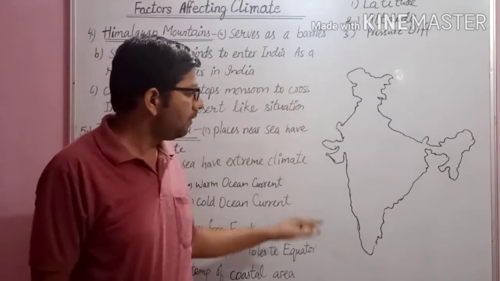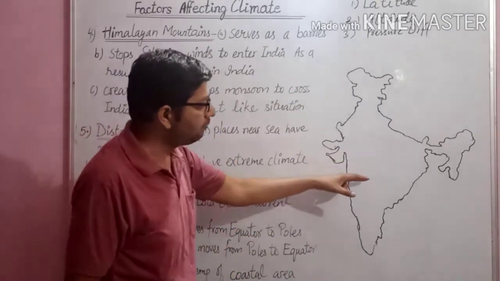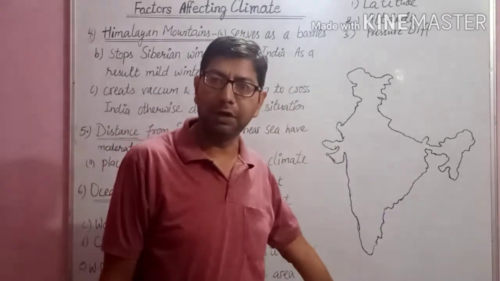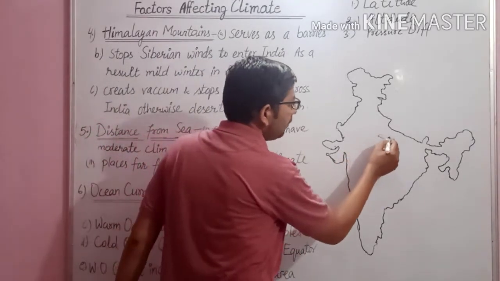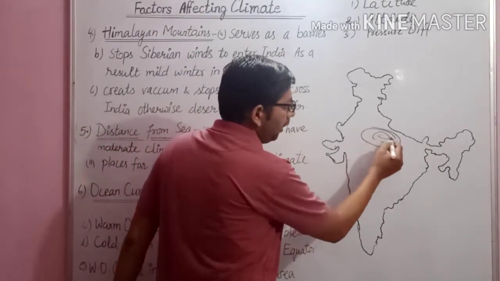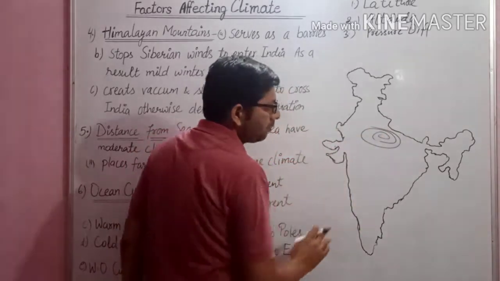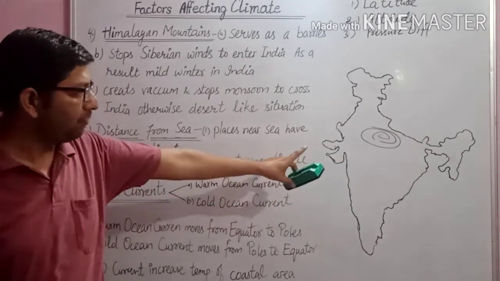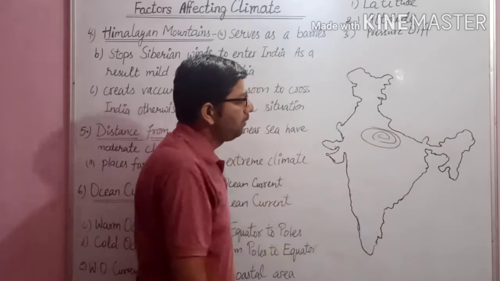Then the pressure difference, which is a very important one. We have seen that land mass heats faster as compared to the water body. During the summer, the main land mass of India is heated to a very high temperature in the months of April, May, June.